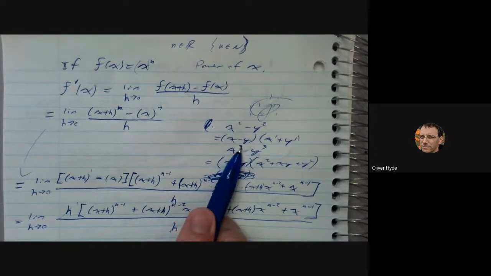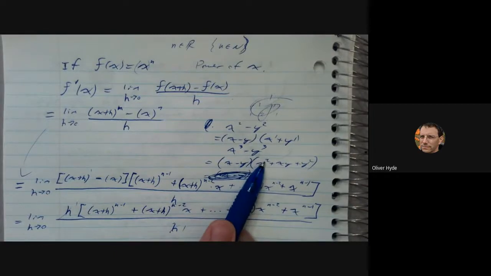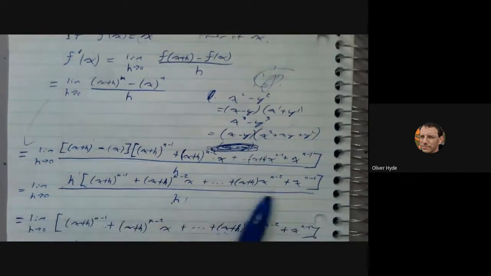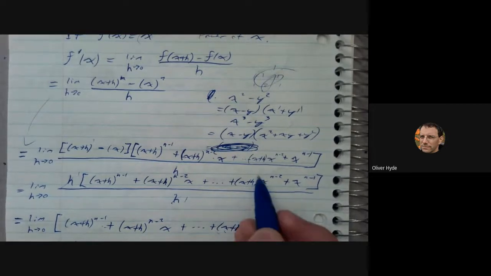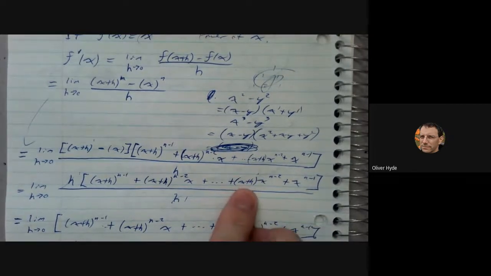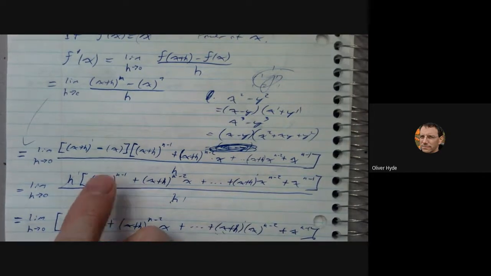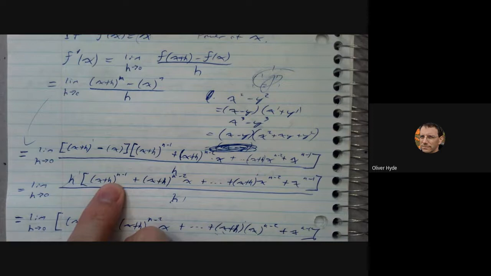When your exponent is 3, you're going to have an x to the exponent 2, an x to the exponent 1, and an x to the exponent 0 term. Here we're going to have an x plus h. Let's count the x plus h's. You have x plus h to the exponent 0, and then your second term from the right is x plus h to the exponent 1. So by the time you get to n minus 1, this is actually the nth term.